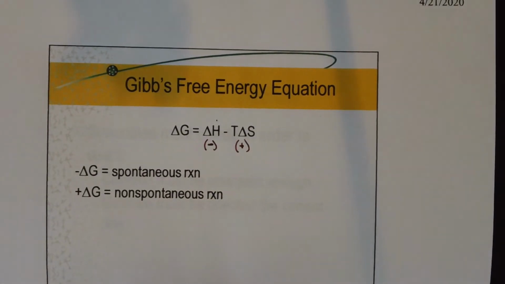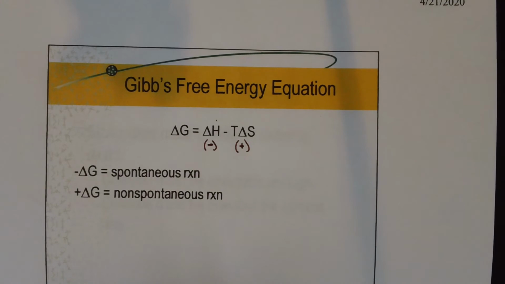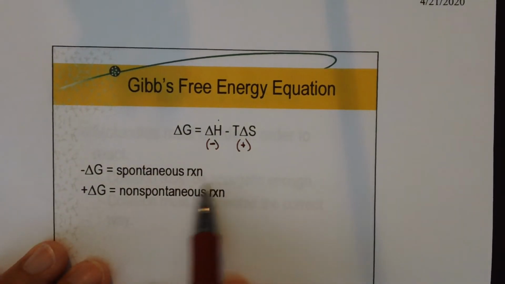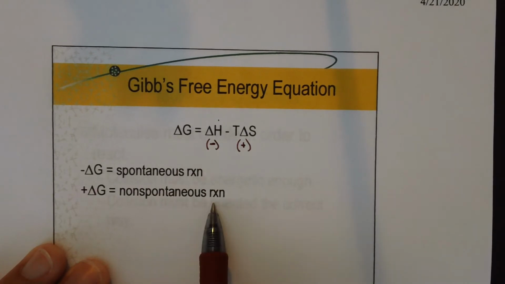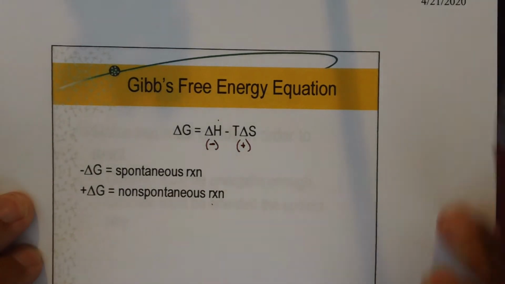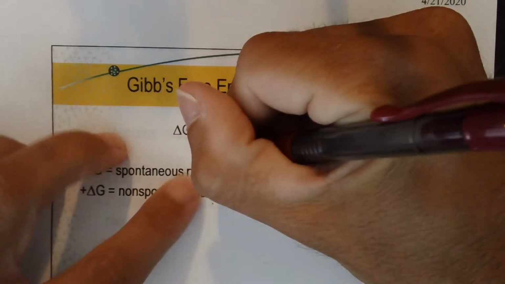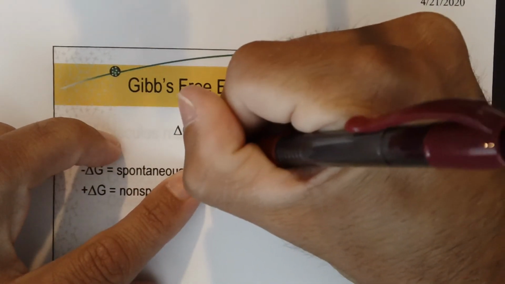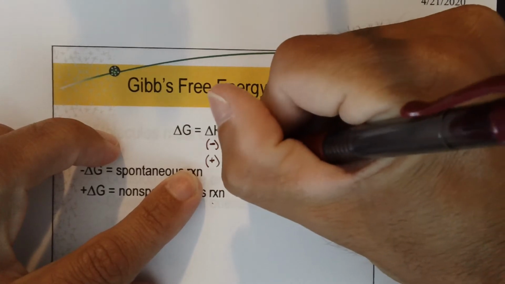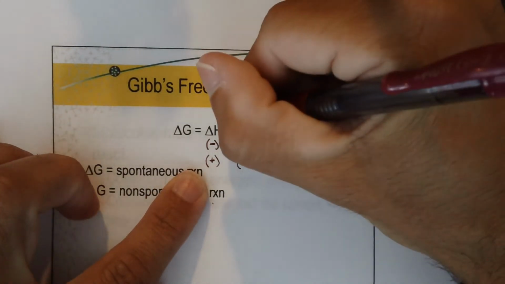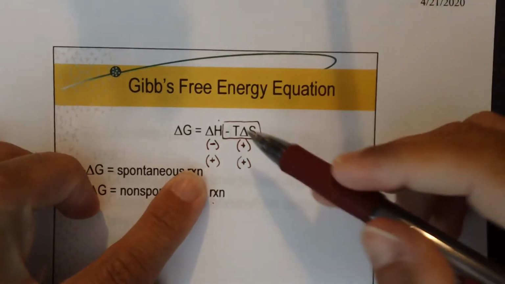We're going to do one little calculation here on the next slide. But negative delta G, spontaneous reaction, positive delta G, non-spontaneous reaction. That's good for us. And you can go through and look at all the different signs. If delta H was positive here and delta S was positive, this is only going to be spontaneous if we can make this factor really big.